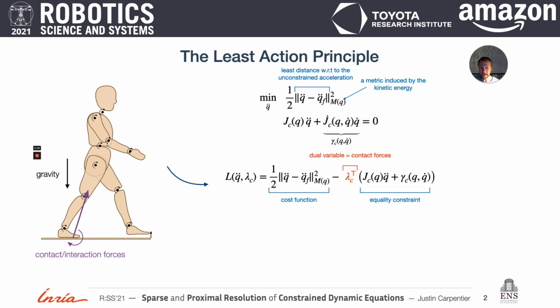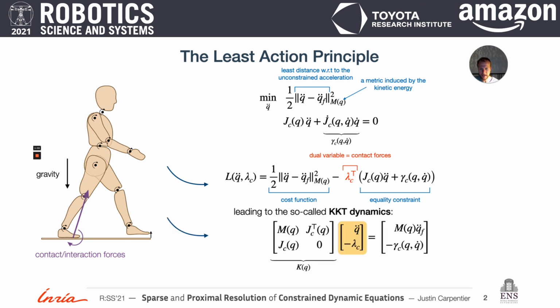In particular, to derive the solution of this constrained optimization problem, one needs to introduce the so-called Lagrangian of the problem, which is composed of the cost function together with the equality constraints, and add an extra variable which corresponds to the so-called dual variable, which are nothing more than the contact forces in our setting.